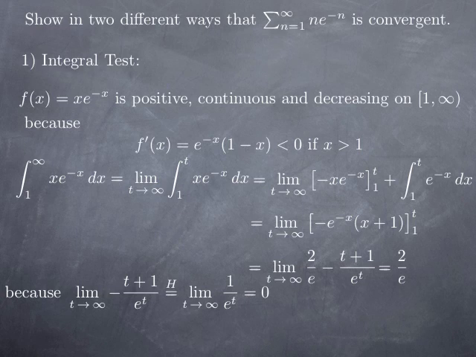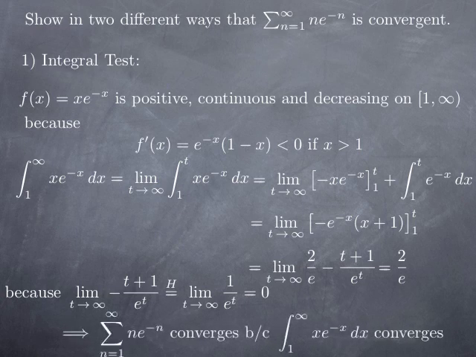When I take the ratio of the derivatives, I get 1 over e to the t, which goes to 0. So the limit of my expression is 2 over e. In other words, the integral from 1 to infinity of x e to the negative x is equal to 2 over e. It is a convergent integral. And therefore, by the integral test, the series is convergent as well.